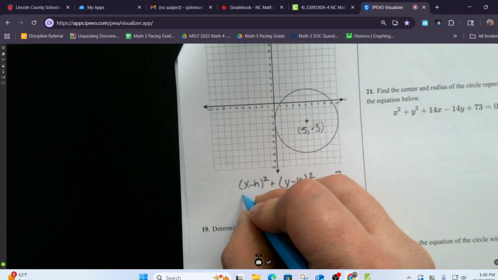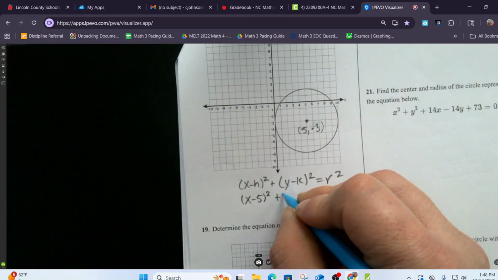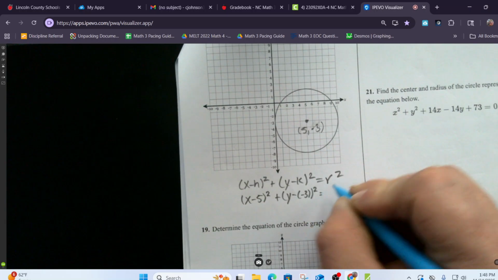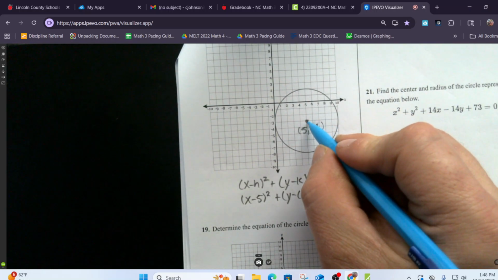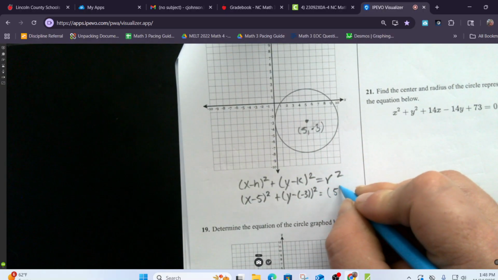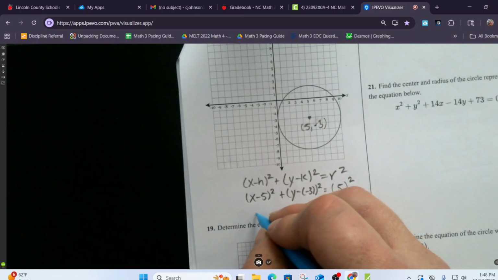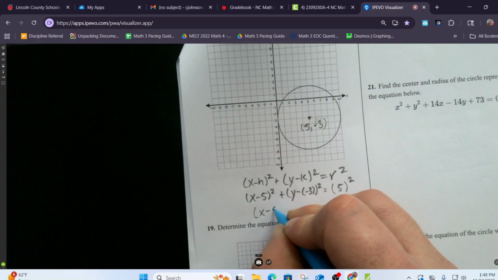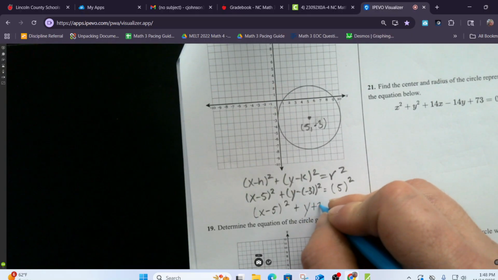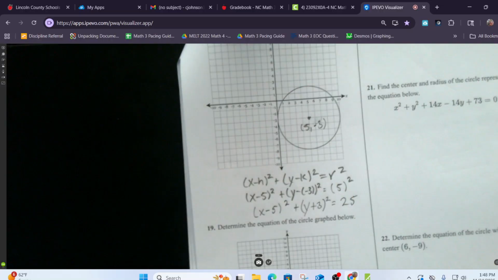So that's going to be x minus 5 squared. Now, 1, 2, 3, 4, 5. My radius is 5. So that gives me an equation: x minus 5 squared plus y plus 3 squared equals 25.